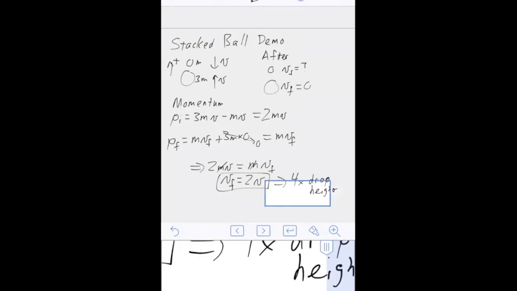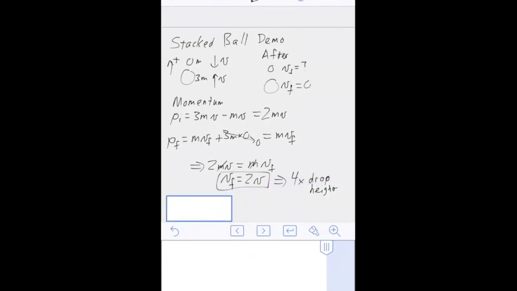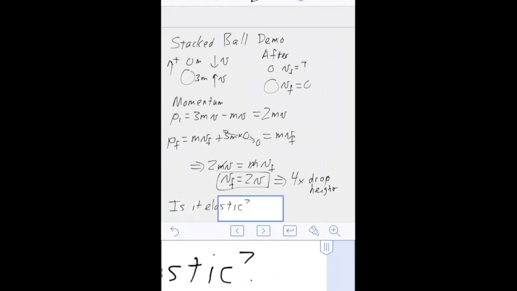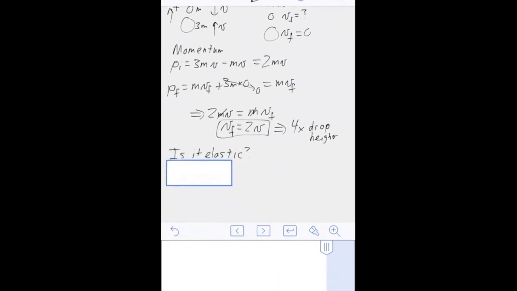Okay, so the last thing that I wanted to do was check, because here, like I said, you need to be given additional information. What I did was tell you the final velocity of one of the objects. That allows me to solve for the other final velocity. So I would find my kinetic energy initial.